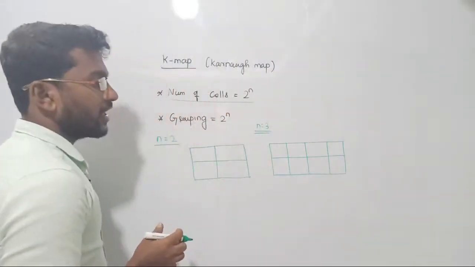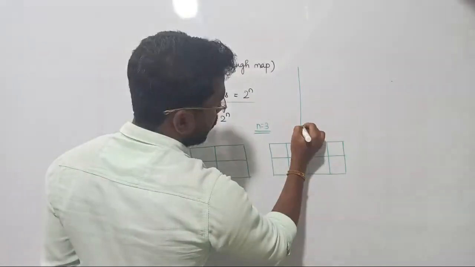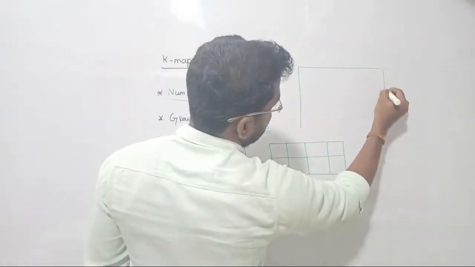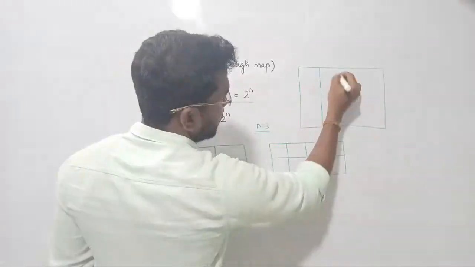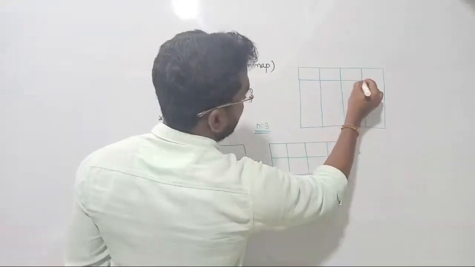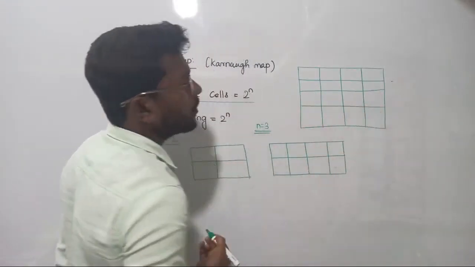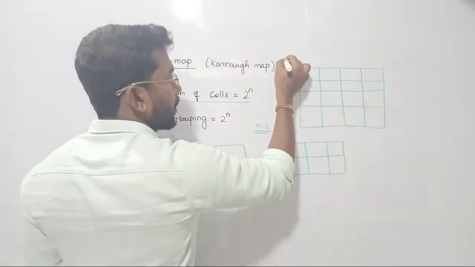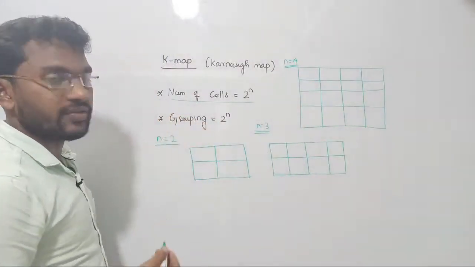If I consider n equal to 4, we are going to frame 16 cells. So let's consider all possibilities. So totally we are going to consider 16 cells when n equal to 4.